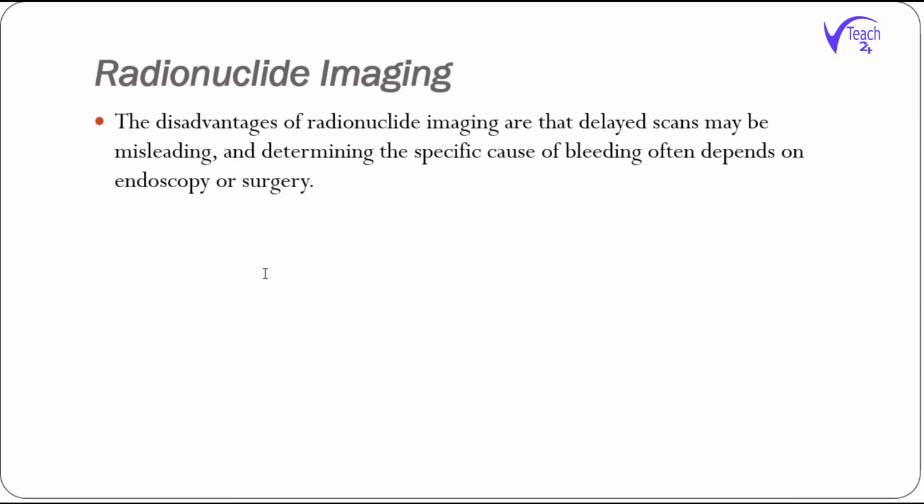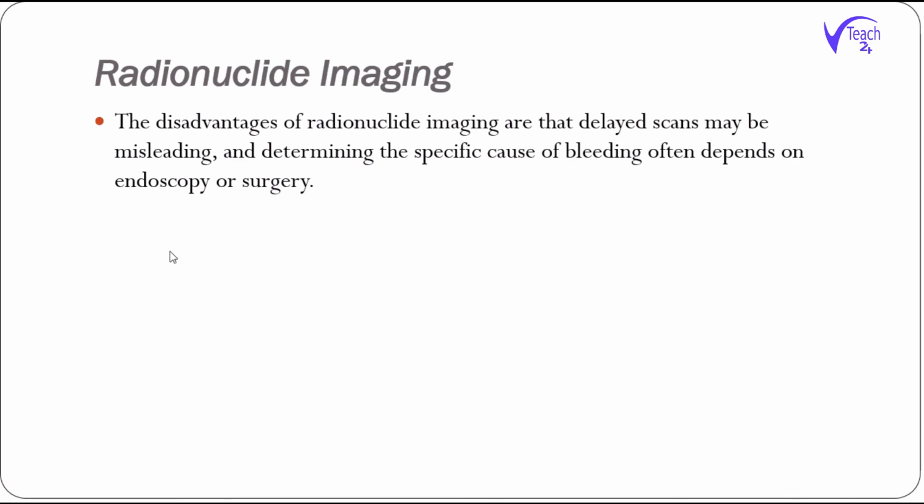Determining the specific cause of bleeding often depends upon endoscopy or surgery. Because blood moves forward with peristalsis, the focus we see may not be the real point, and the specific cause of the bleeding will depend upon endoscopy.